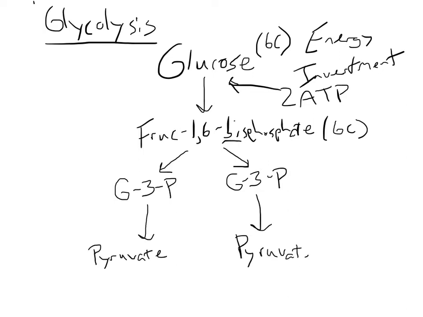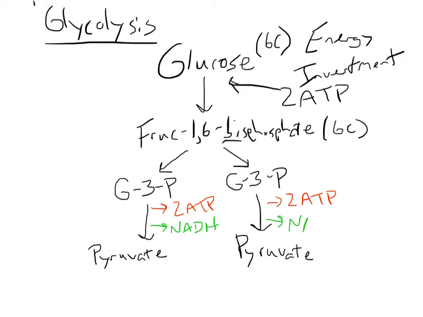Now here's the good part. When we make these pyruvates for each one, we are going to generate 2 ATP and also an NADH. Remember, that's our electron carrier. We're going to need that guy later when he carries electrons down to the electron transport chain.